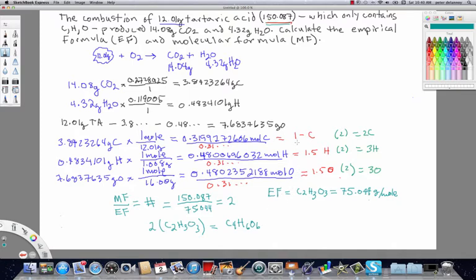So to summarize this process, there's a few things to remember. When you read the problem, you need to identify exactly the kind of compound. What I mean by that is that if they had asked you to find the empirical formula of a hydrocarbon, you need to remember that a hydrocarbon only has carbon and hydrogen in it.